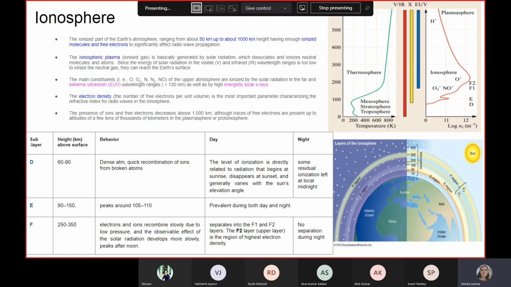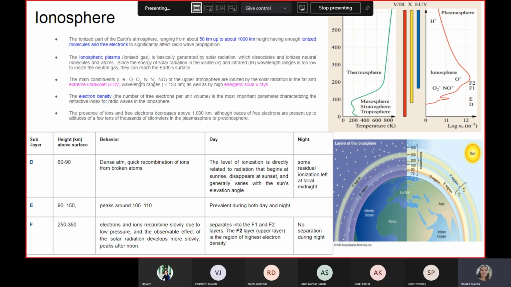The level of ionization is directly related to radiation that begins at sunrise but disappears at sunset. So you can see in the night picture, we don't have a D region. We generally have E and F regions. Some residual ionization may be left at local midnight but not throughout the night.